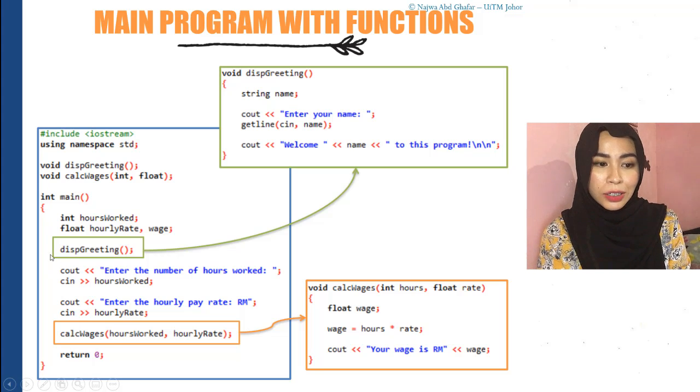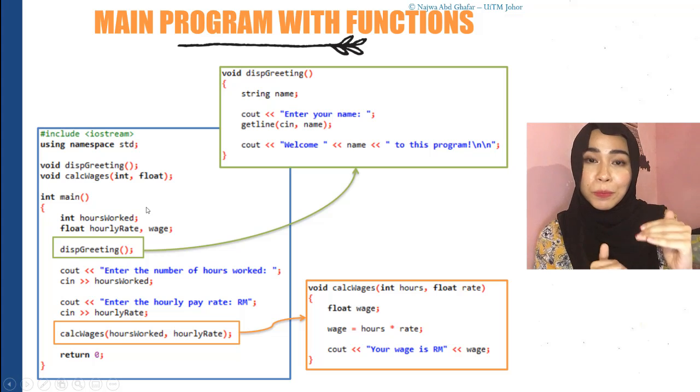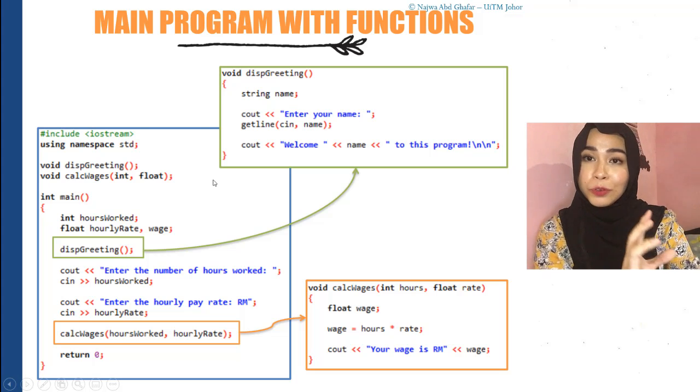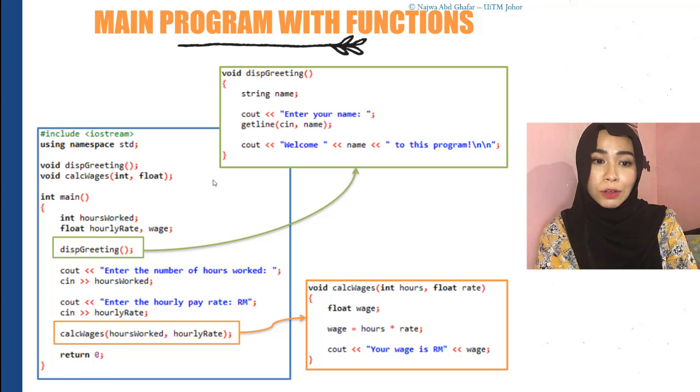What I did was I took a certain part of the program. In this case, I took the lines of input, enter your name, getline, and display the message, and put them inside a different function. In order to simplify the main program, I took whatever I wanted and put it inside different functions.